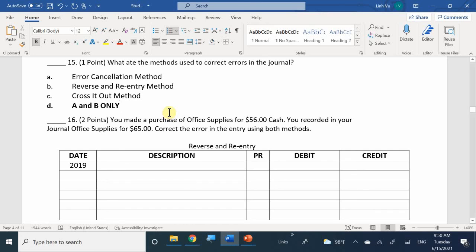So the first one I want you to do is the reverse and re-entry method, okay? So my original journal, right? I purchased office supplies for $56, but in my books, I wrote that it was 65. Okay? So how do I do the reverse and re-entry, which is the first one?